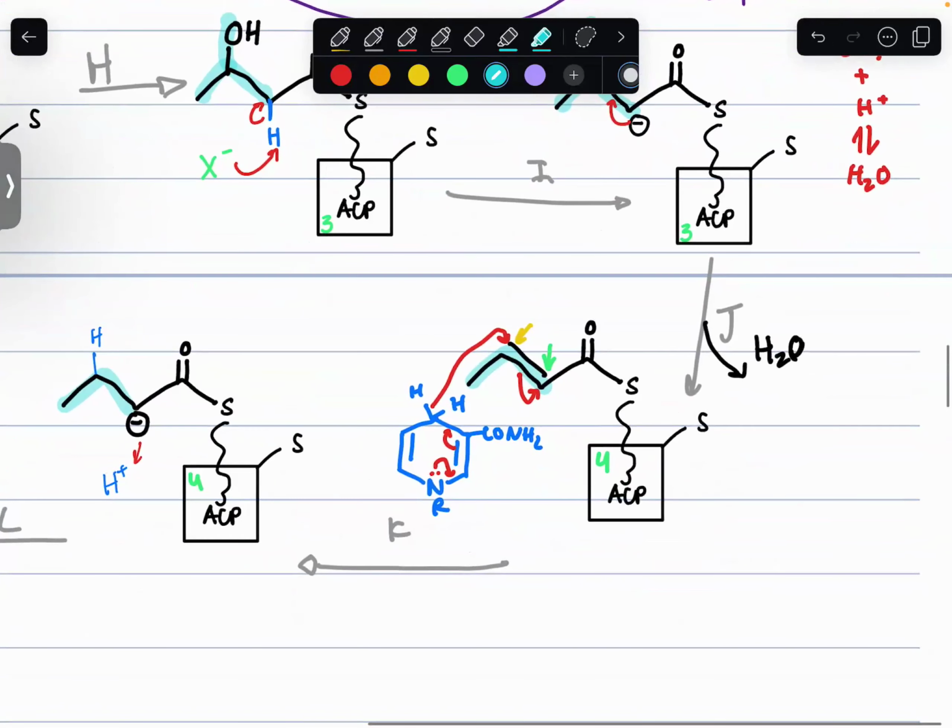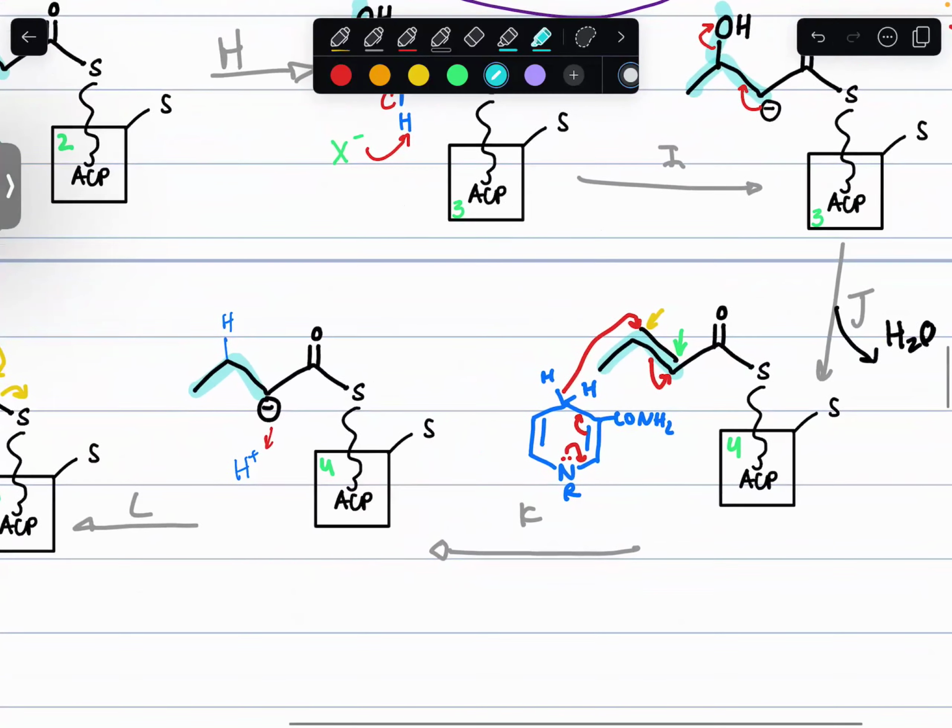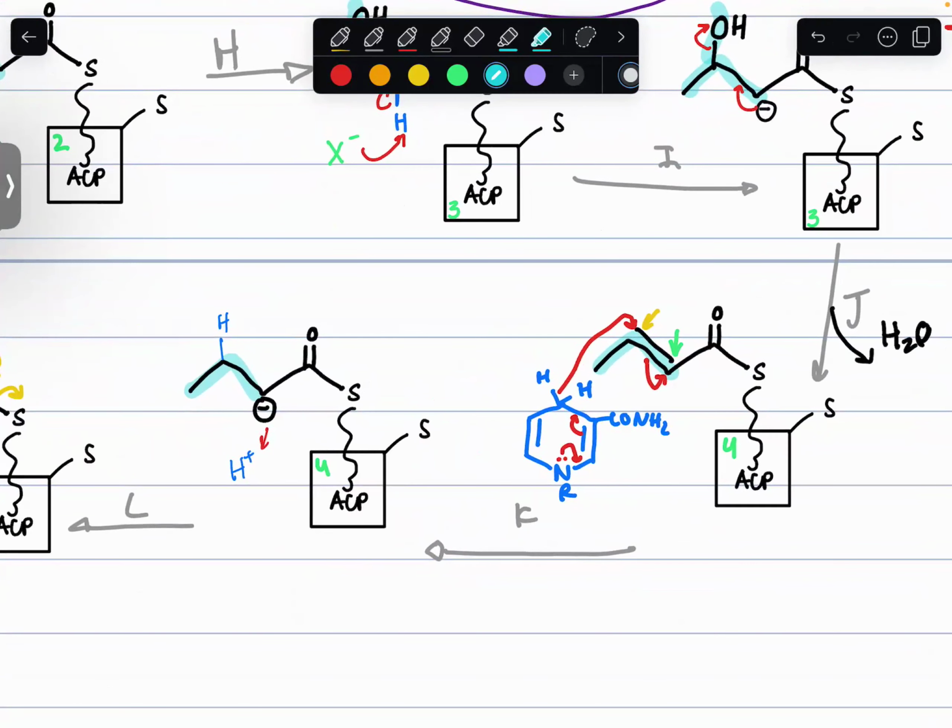What's exactly going on? Because in the next structure, it's not on. So that's a reduction. We reduced our alkene to an alkane. And it looks like there's the same number of carbons from K to L as there are from H to I. Yes. But those are 2 different steps, so those are 2 different rounds.